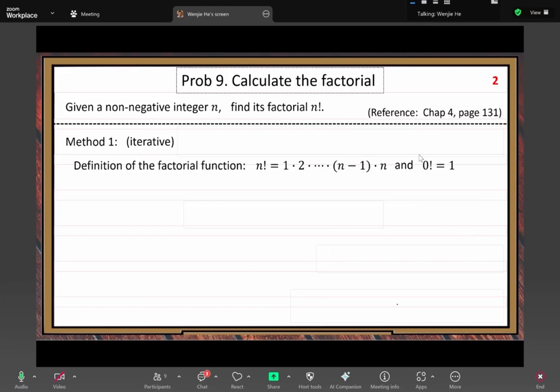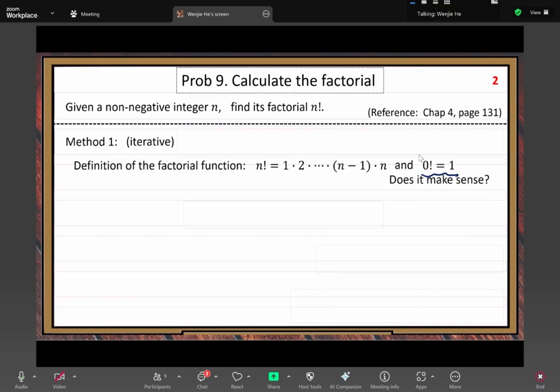Then you need a base case, right? The base case here, because sometimes we need to start from 0. So here we assume 0 factorial equals 1. Can you see the point? Do you feel it is a reasonable assumption? 0 factorial equals 1.